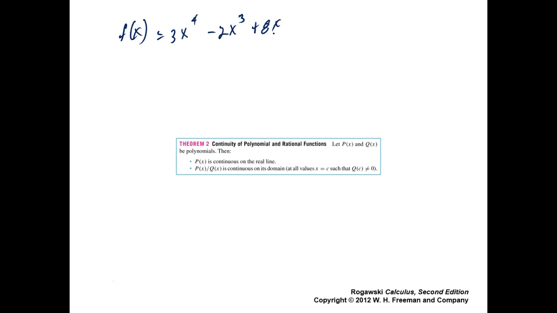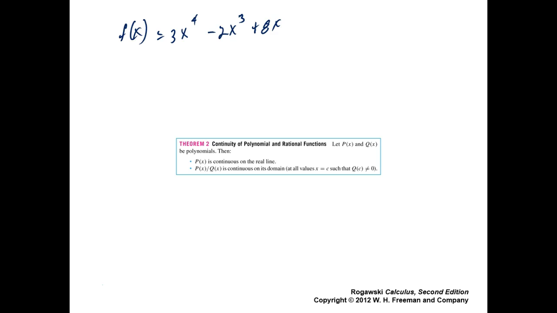Okay? Number one, is that a continuous function? Well, maybe let me back off. What's the domain of that function? All real numbers. Okay? Is it a continuous function all over that domain? Yes, it's a polynomial function.